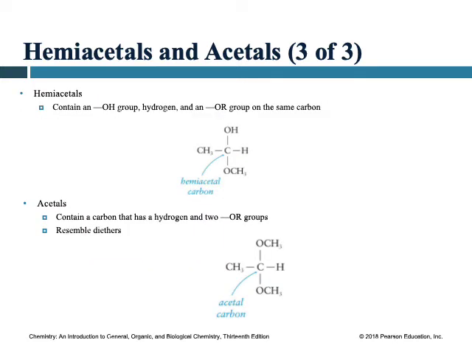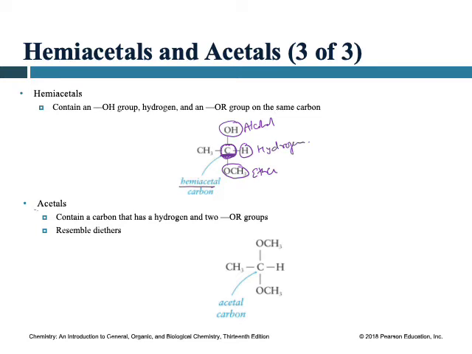So now let's see one more time what hemiacetal and acetal are. Like I already told you, for any compound to be a hemiacetal, the carbon should contain an OH group, an ether group, and hydrogen. All should be present on the same carbon. So again, the alcohol part, ether part, and hydrogen should be present on the same carbon. So this is hemiacetal.